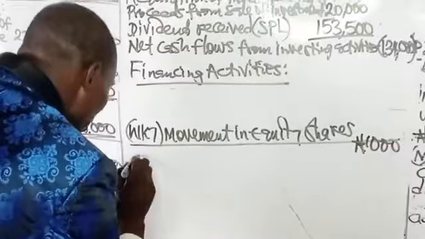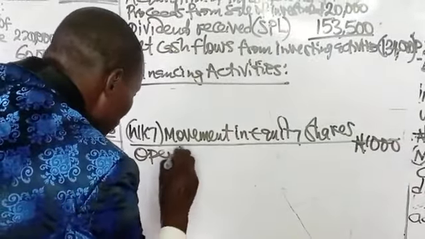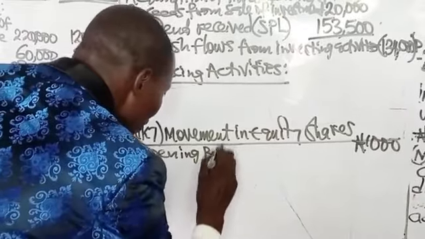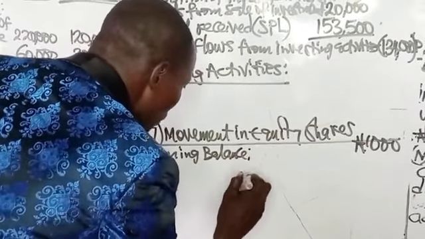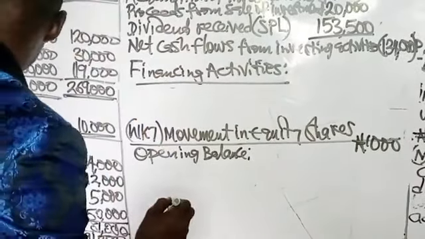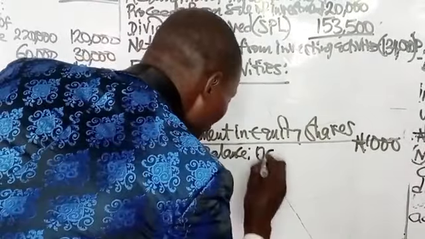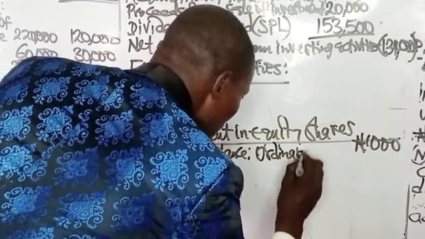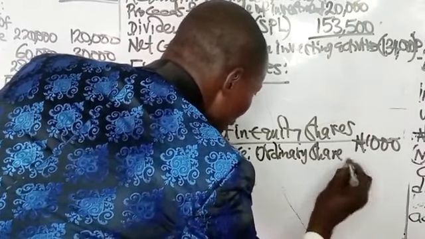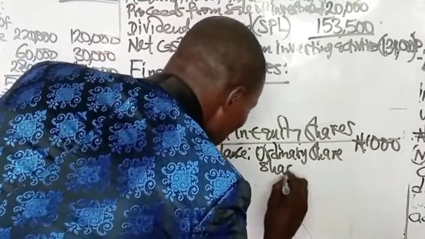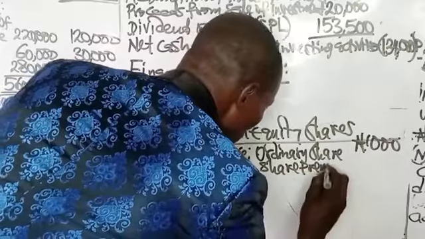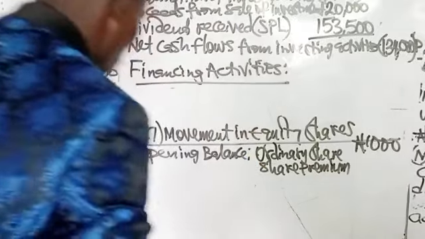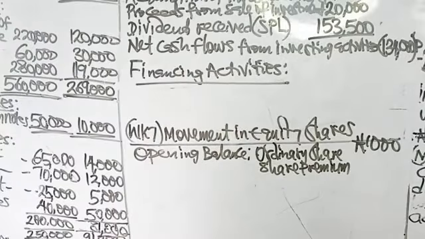As usual, you are starting with the opening balance. Opening balance. So we'll be putting together both ordinary share and share premium. Back to the question, the equity section.